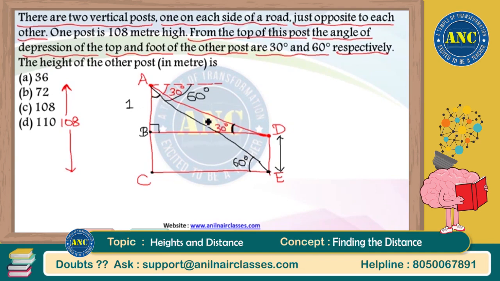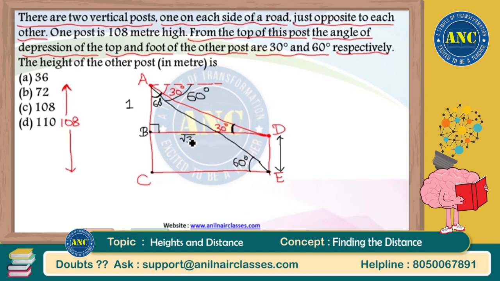Opposite to 30 is 1, so opposite to 60 it will be root 3. That means this entire BD value, according to my assumption, is root 3. Opposite to 30, AB is assumed as 1, so BD automatically becomes root 3.